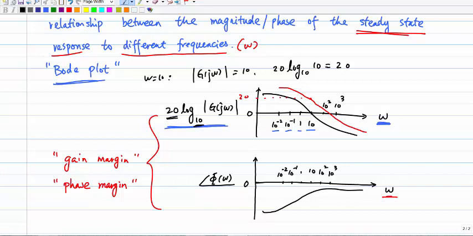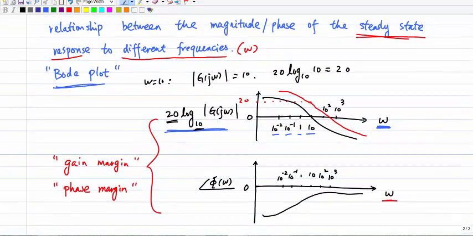For example, for some parameter I want the gain to satisfy some property, or for stability purposes. You can also look at the Bode plot, especially the gain margin and phase margin, to figure out the stability of the system. Okay, so I won't have time to talk too much about the details of how to do that.